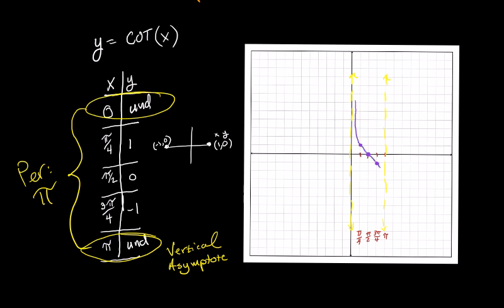And notice that the curve goes that way. Hopefully you already know about tangent functions. Tangent functions look very similar to this, except tangent functions go up to the right and down to the left, and they start at -pi halves and end at pi halves. So there are some differences between tangent and cotangent, but they are very similar in their structure.